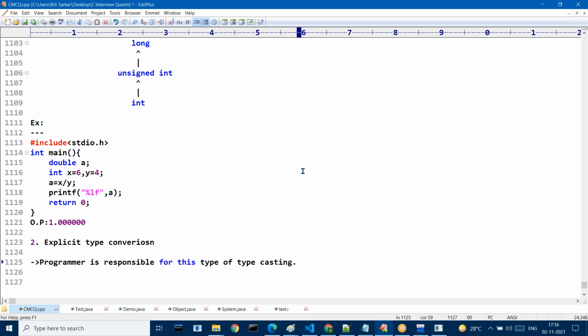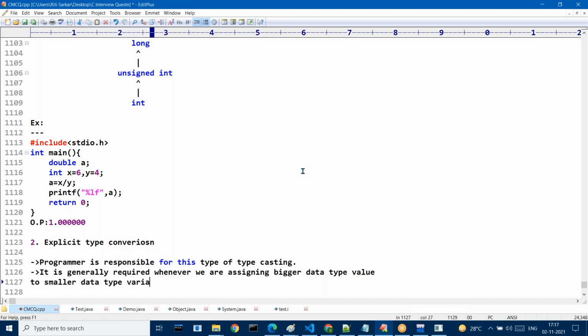Now, when is it required, guys? It is generally required whenever we are assigning a bigger data type value to a smaller data type variable.